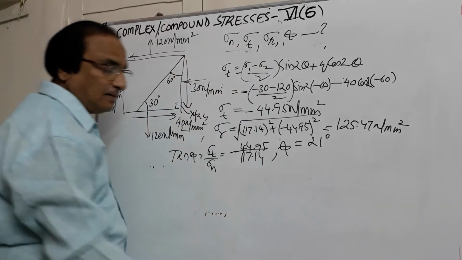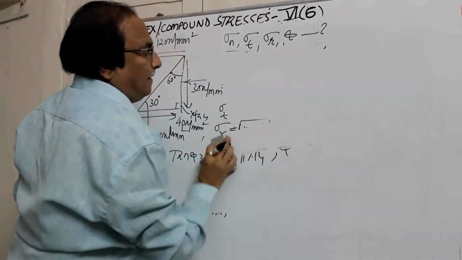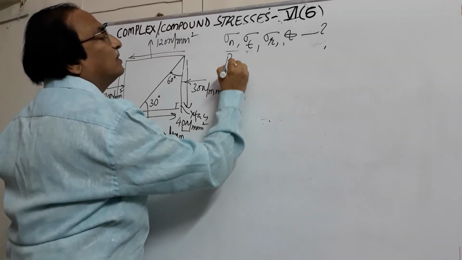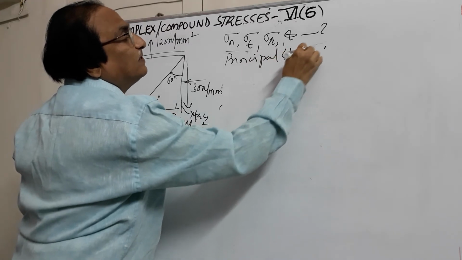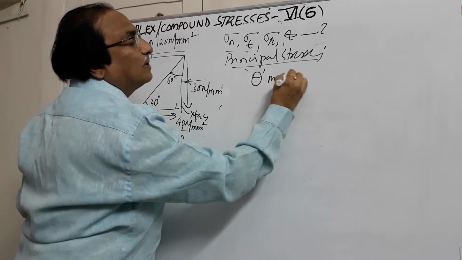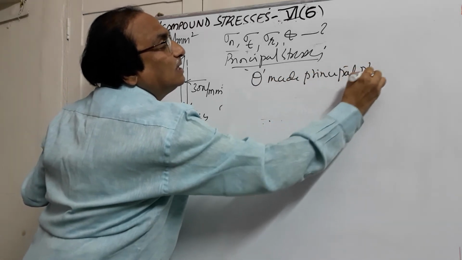We will go for the second part to determine the principal stresses. So first thing you will have to do is find out the angle theta made by the principal plane. How can you determine this angle?